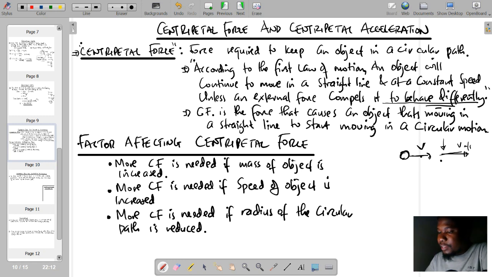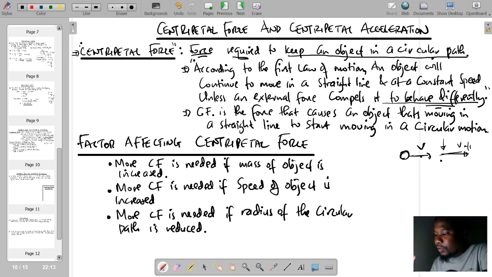And this is what brings us to the centripetal force. The centripetal force is the force required to keep an object in a circular path. Normally and naturally, an object that is moving will move in a straight line. So if it's going to move in a circular path, you have to compel it to do so.